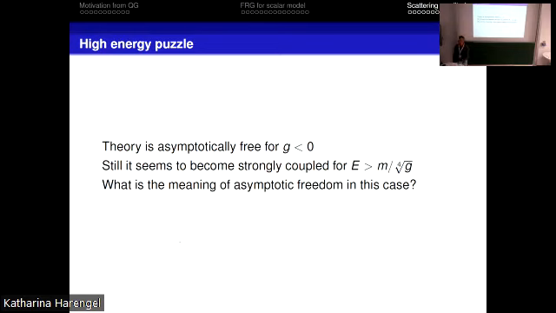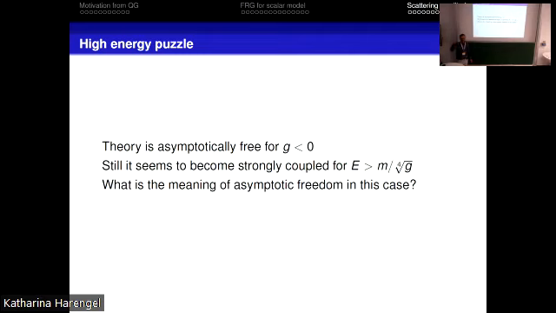There's a high energy puzzle that we don't understand. I already mentioned that if G is negative, this theory is asymptotically free in the ultraviolet. And so you say, oh, nice, asymptotic freedom. But you see that this coupling has 4 derivatives. So when you go at high energy, the interaction grows like energy to the power of 4.